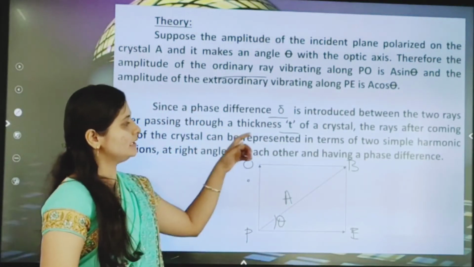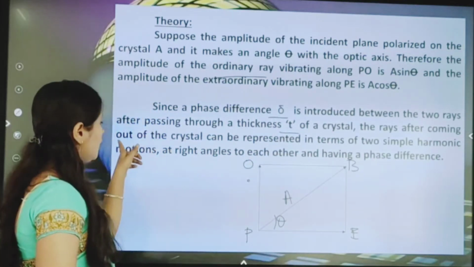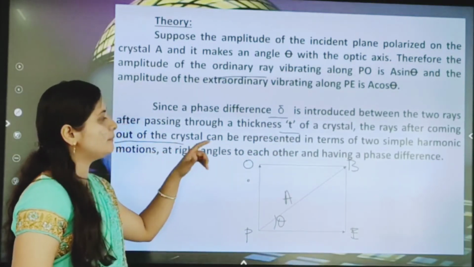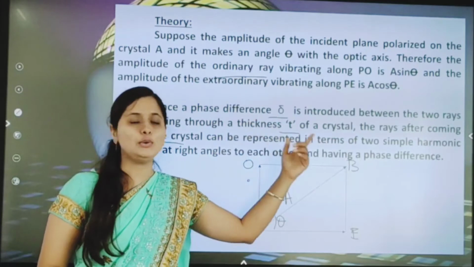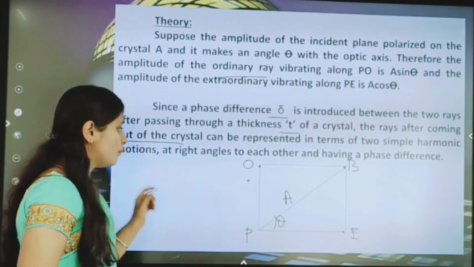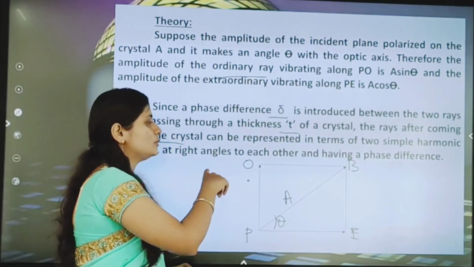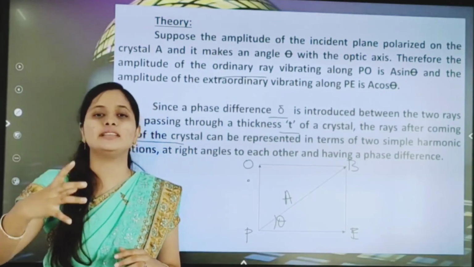The rays after coming out of the crystal can be represented in terms of two simple harmonic motions at right angles to each other and having a phase difference.